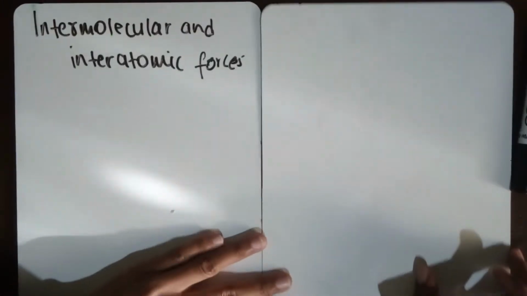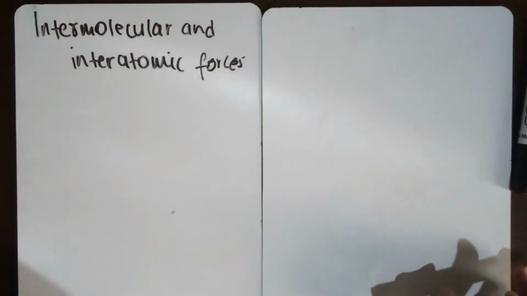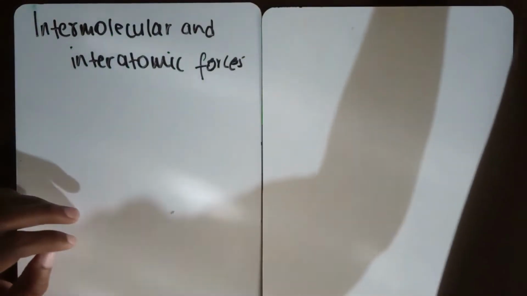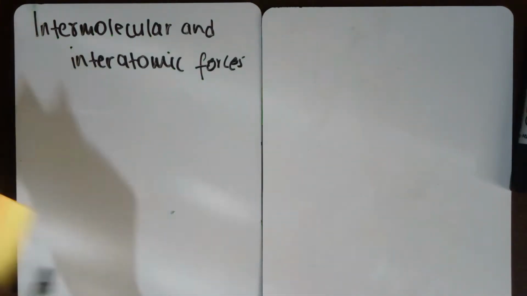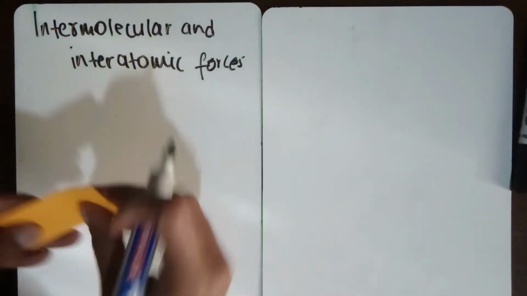So before we move on our discussion to organic reactions, I believe that it is a good idea to first stop here and talk about intermolecular, as well as what we refer to as interatomic forces, right?